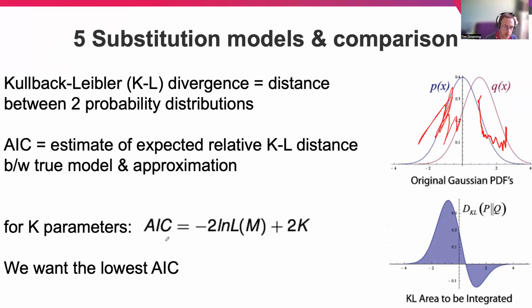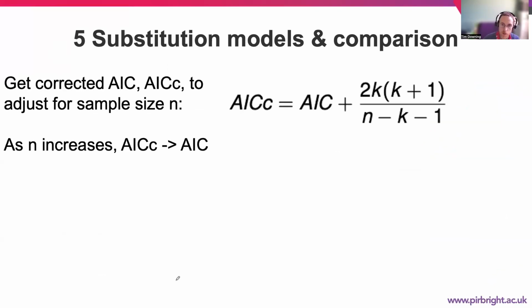It's calculated as AIC equals -2 times the log likelihood of the model plus 2k, where k is the number of parameters. And what we want to do is minimize the AIC. That means that the parameters will have a small effect on this and should improve the model. If they don't improve the model, there'll be a penalty as well.